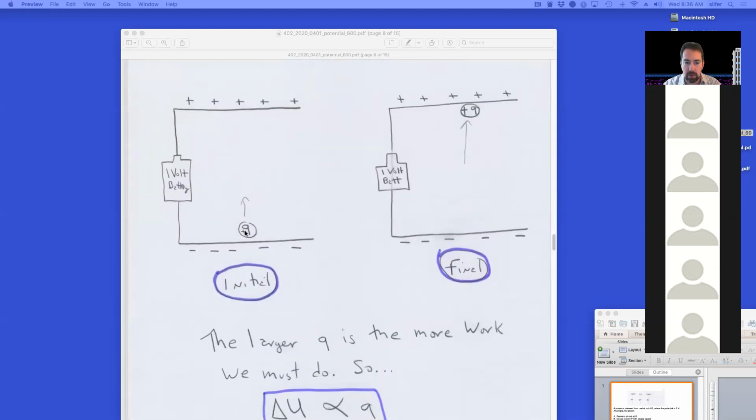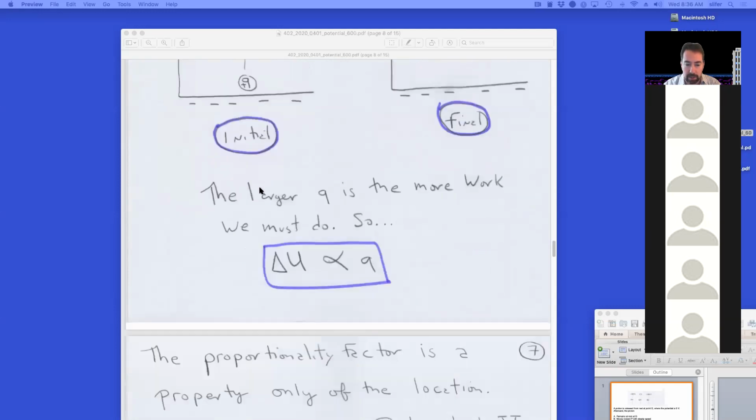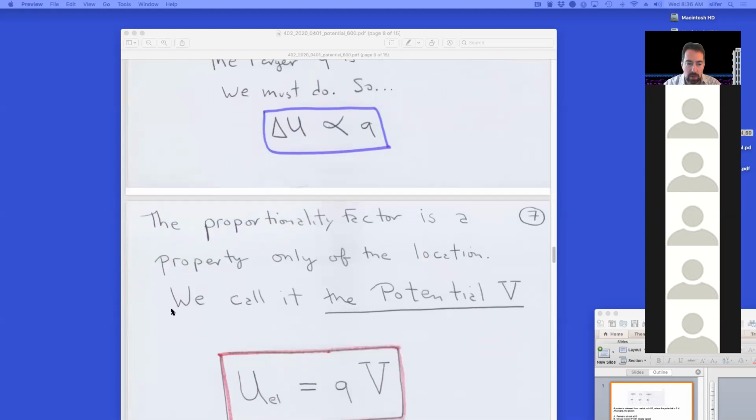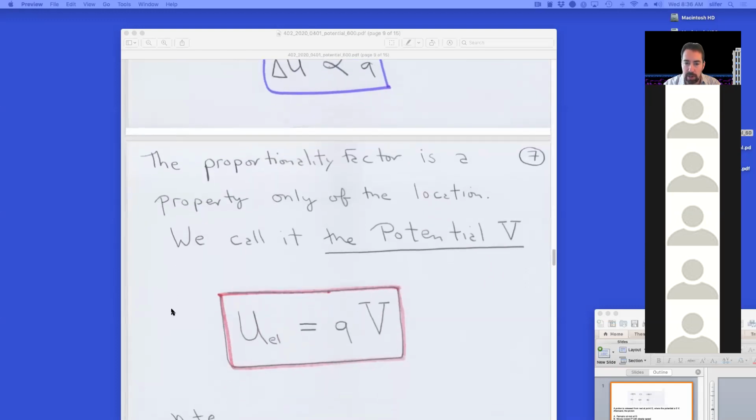It has nothing to do with the charge itself. It has everything to do with the location in space that it has been dropped down into, this region in between those two plates. And what we do is that proportionality factor we call the potential V.